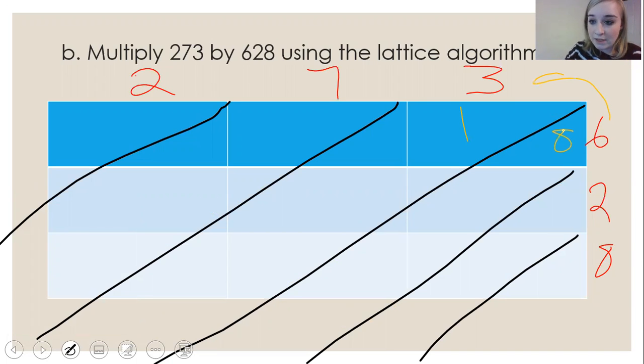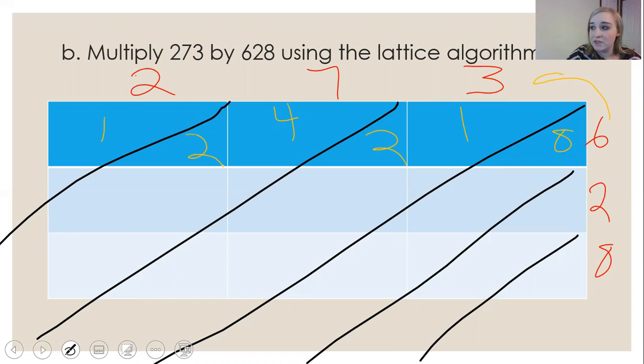So we're going to list it here like we were doing. And then 7 times 6 is 42. So we're going to list it here. Now we're going to go to the next column. 6 times 2 is 12. So we're done with the first row.